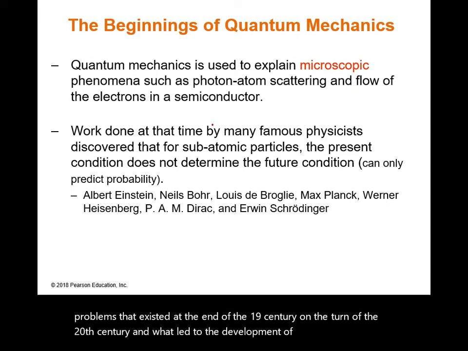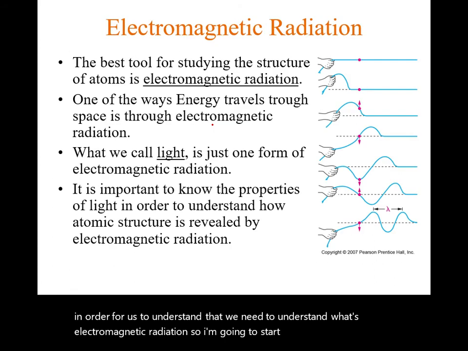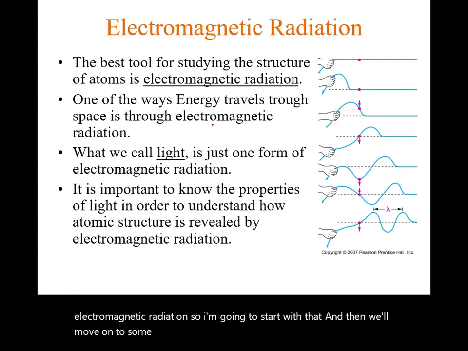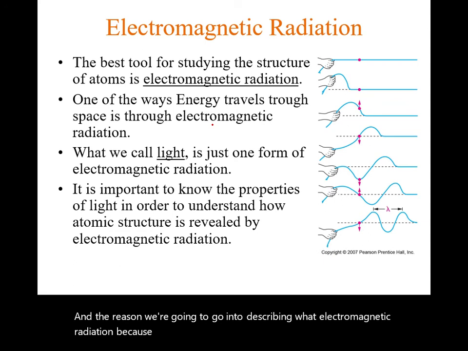And in order for us to understand that, we need to understand what electromagnetic radiation is. So I'm going to start with that, then we'll move on to some of these problems. The reason we're going to describe electromagnetic radiation is because it was the tool that was used in order to understand the behavior of electrons in an atom.